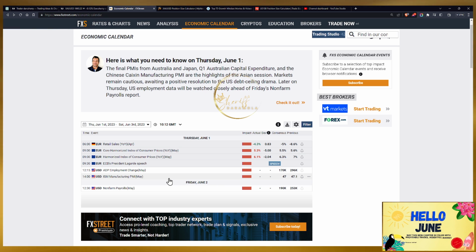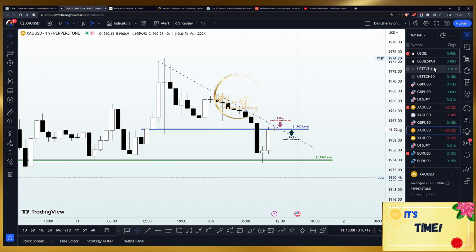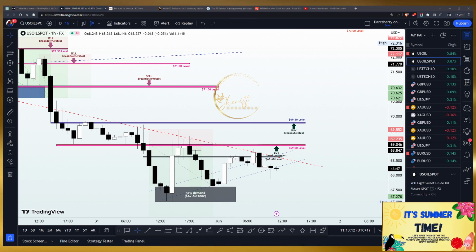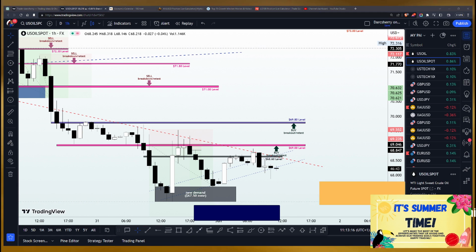So let's dive right into the chart from this point, see what is really going on from a technical standpoint, and then use whatever information we gather to identify a potential trading opportunity. As usual, the first commodity we are going to be looking at this morning is, of course, the US oil spot.